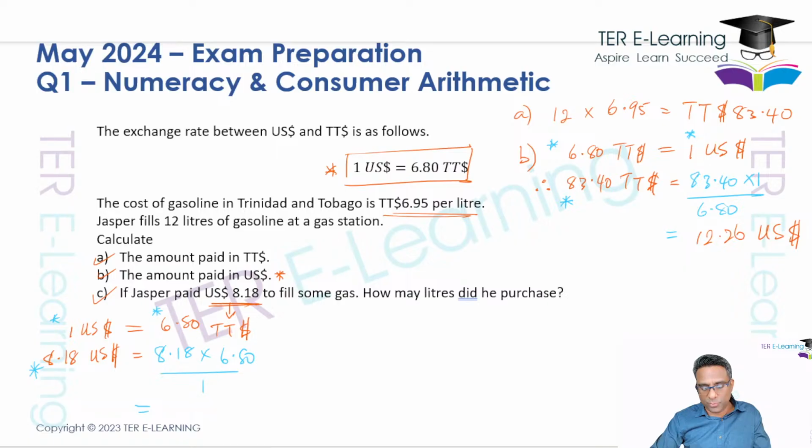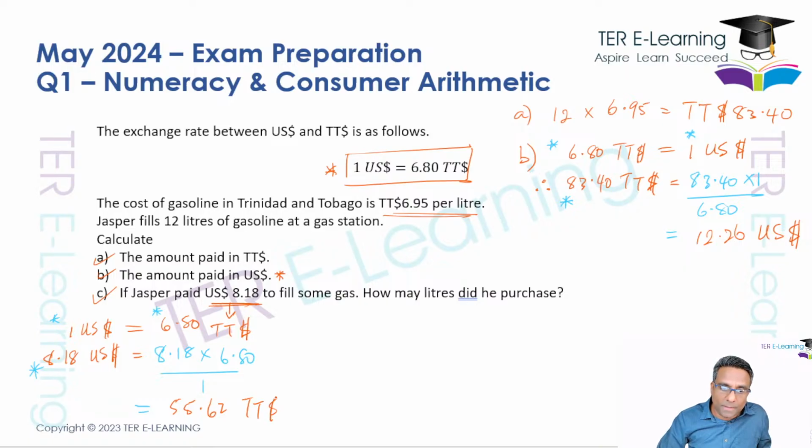So that's 8.18 multiplied by $6.80. Approximately, now guys, when you're doing money, work your money to 2 decimal places. So this is going to be $55.62 TT dollars. That's the amount of money that he spent on this gas here.